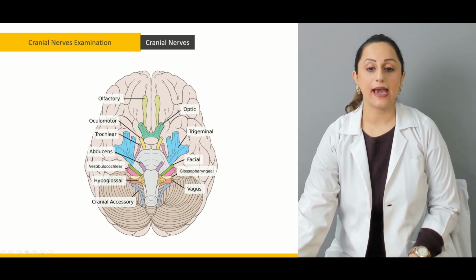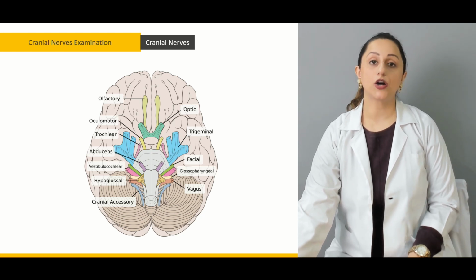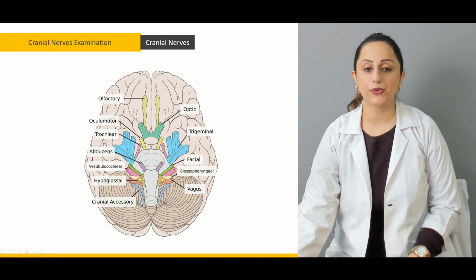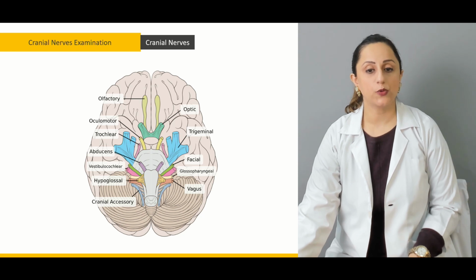The third cranial nerve is known as the oculomotor nerve, the fourth cranial nerve is the trochlear nerve, and the fifth cranial nerve is the trigeminal nerve.